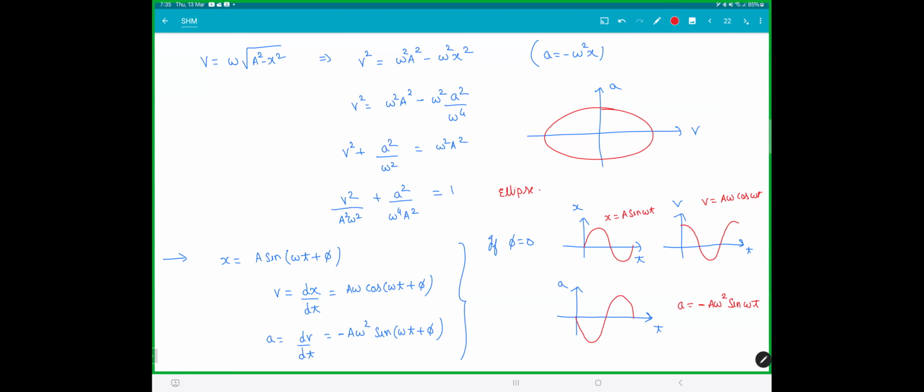There. That is how the graphs will look with respect to time. Have a look at this. Any doubts on this? Clear?